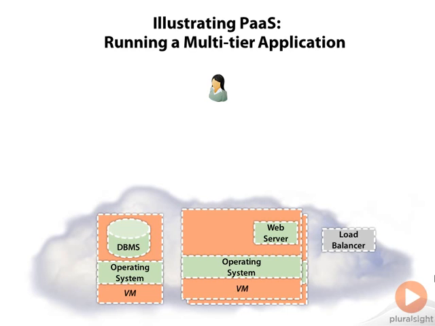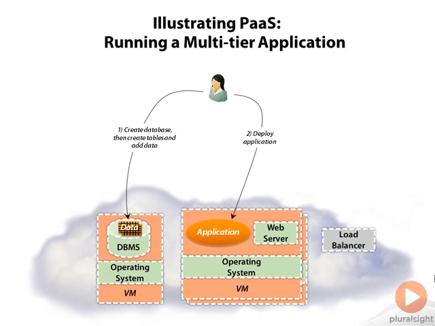And so all she has to do is create her database, her tables, add her data, deploy her application, and run. Everything else is done for her. Load balancing, dealing with future updates to the operating system images, all of those things. PaaS is simpler.